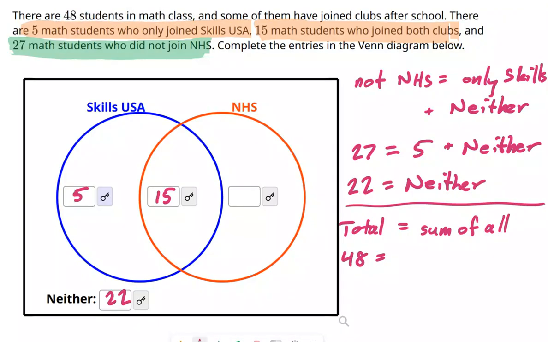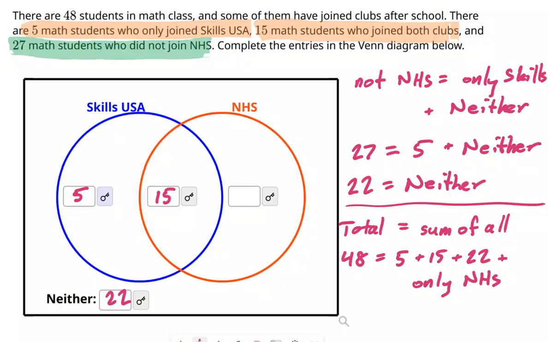So 48 equals 5 students only in Skills USA, 15 students in both clubs, 22 students who are in neither club, and then the last box is, what would we call those? Those are kids who are only in NHS.